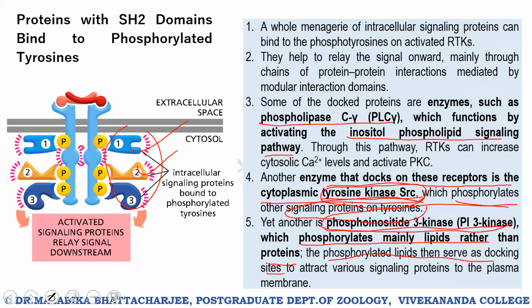So this is how the signal that is perceived by the receptor via the ligand is amplified via its intracellular segments through a lot of signal transducers, which in turn relay the signals to the signaling proteins downstream.